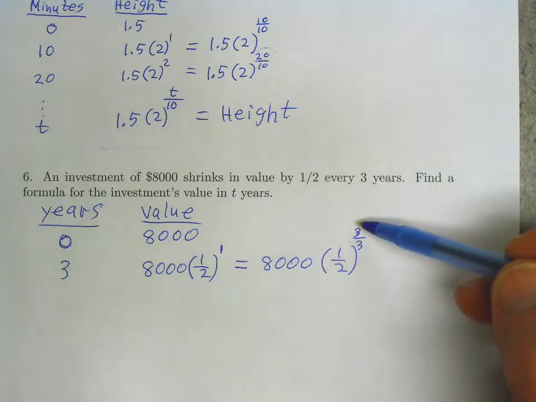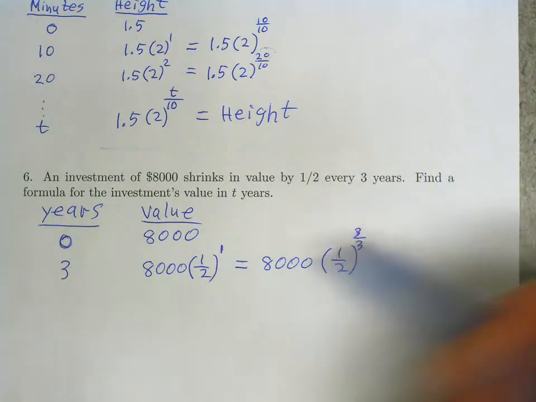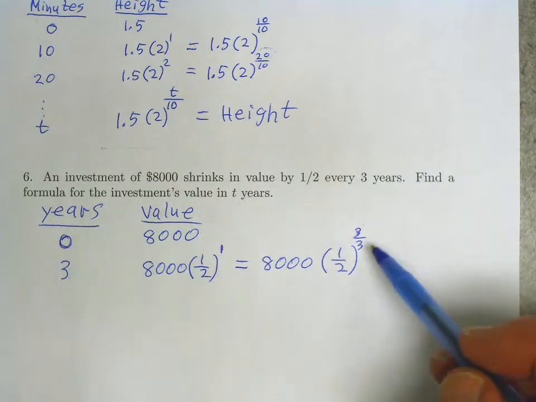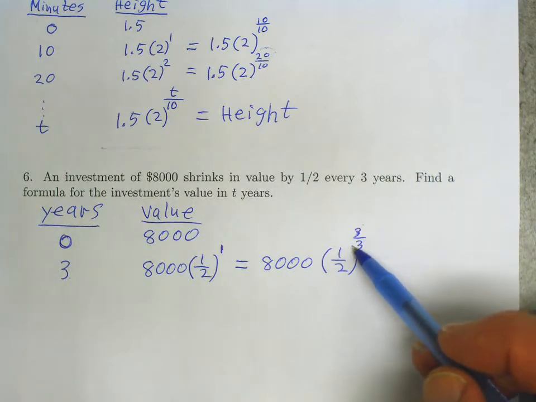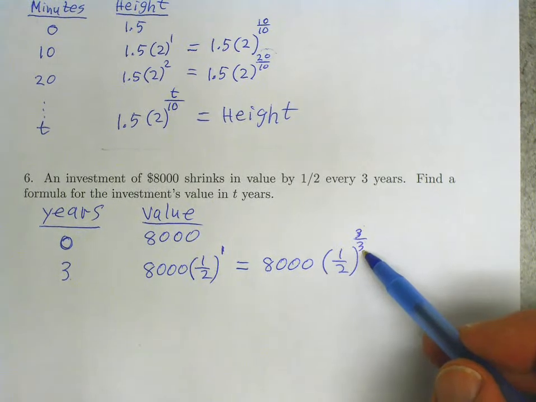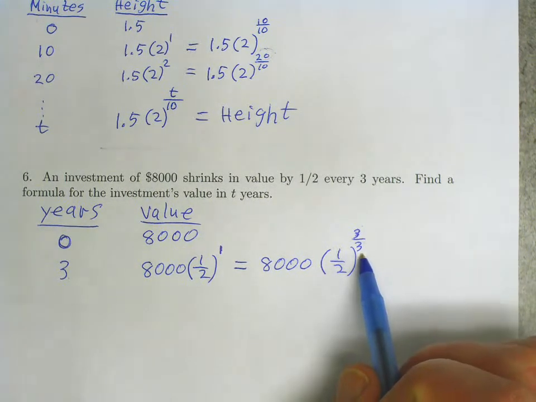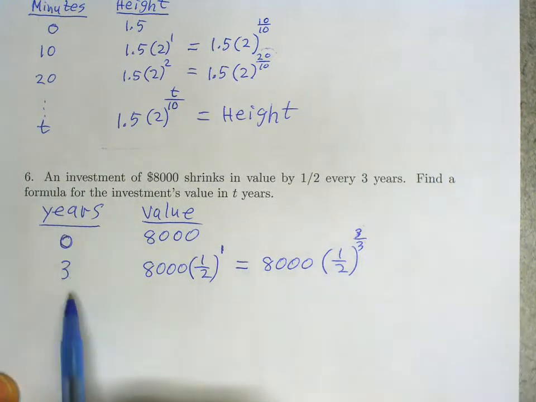Okay, so the exponent 3 is the number of years that have elapsed since the initial deposit. The 3 in the denominator indicates the number of years it takes for the value to shrink by a factor of 1/2. Okay, so let's do at least one more.